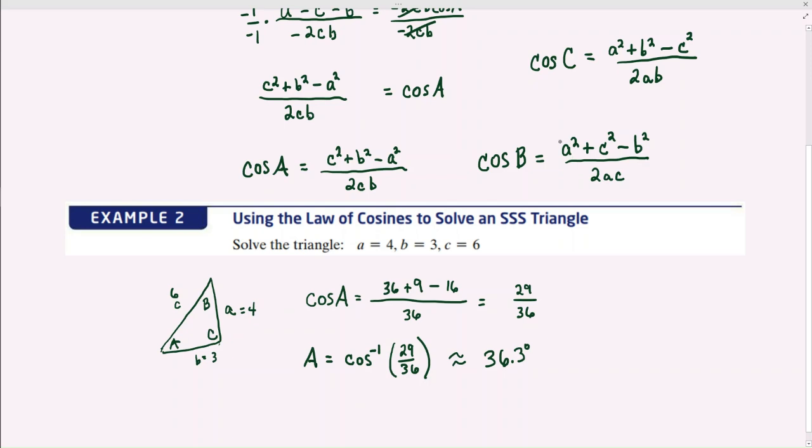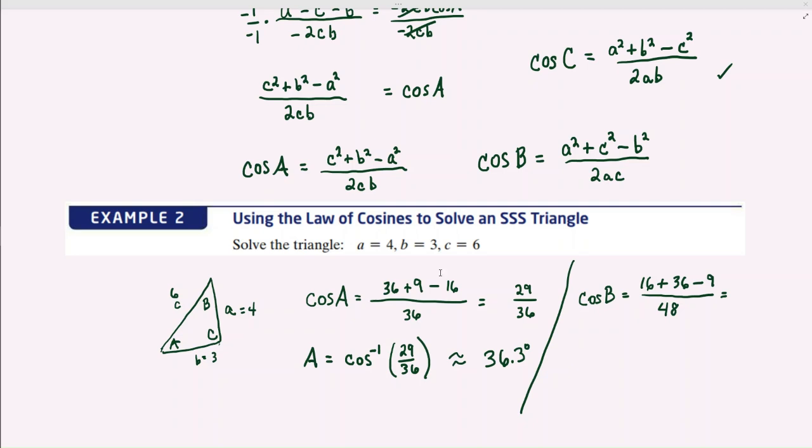Okay, now let's move on and get the cosine of B, set that up. So over here I'm going to say the cosine of B will be equal to A squared, so that's going to be 16, plus C squared, and then minus B squared, so we're going to say minus 3 squared, or 9, and that's going to be above twice the product of A and C. So if I take A times C, I get 24, and I have to double that, so down here we'll have 48.